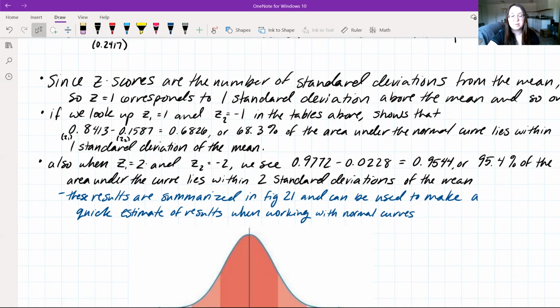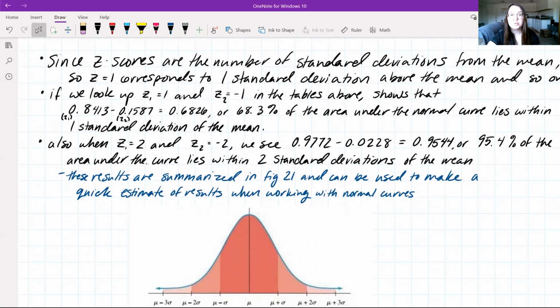This means that when we consider normal distributions in general, 68.3% of the area under the normal curve lies within one standard deviation of the mean. Then we can extend this idea to two standard deviations.